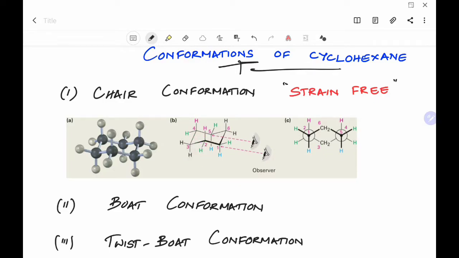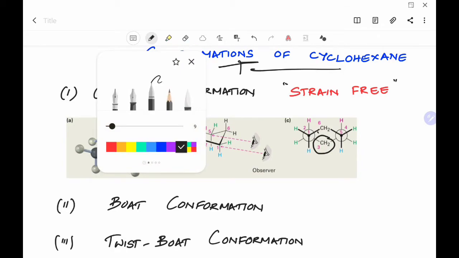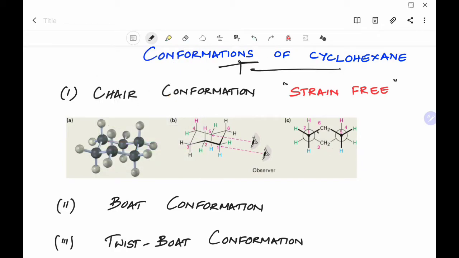Carbons 1 and 2 and 4 and 5 make two parallel bonds, and then carbon 6 is on top of the plane, and the third carbon is below the plane. This is how you draw cyclohexanes.